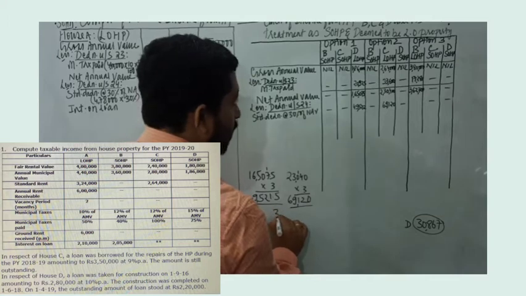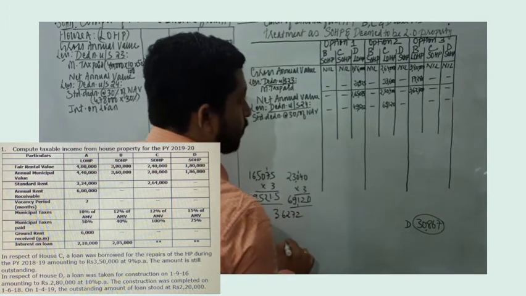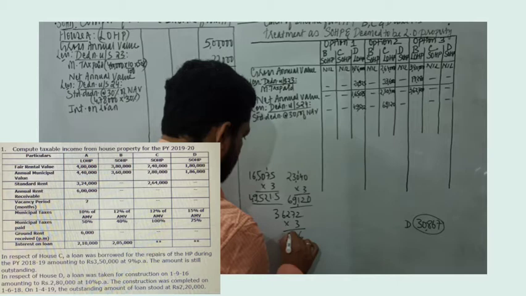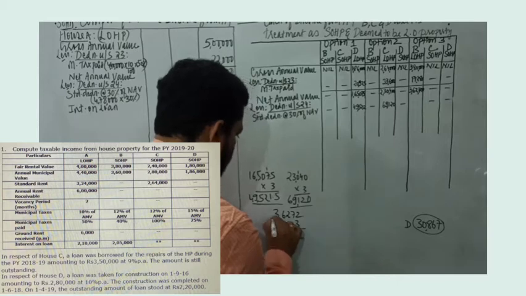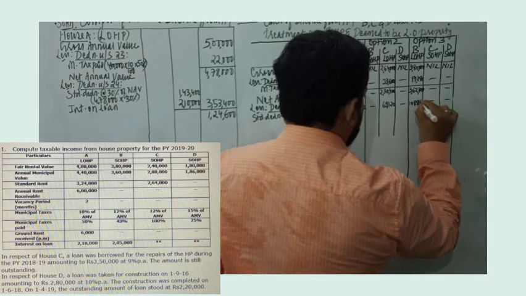So it would be 36,272 into 3. It will be 1,08,816.